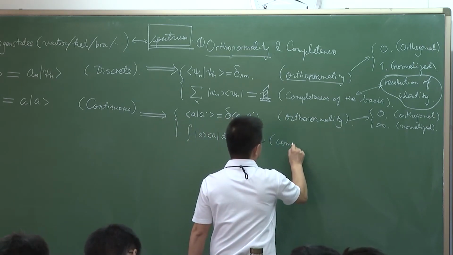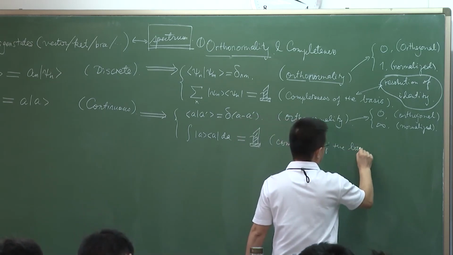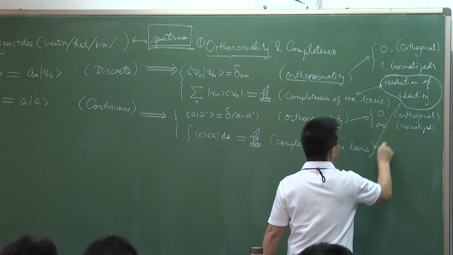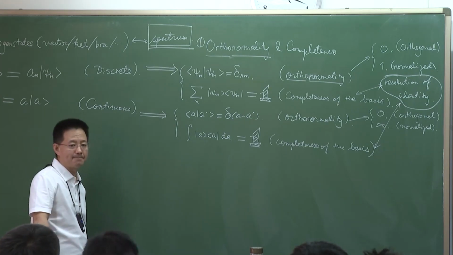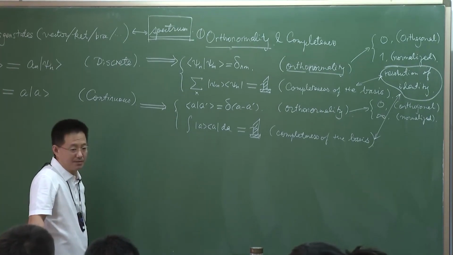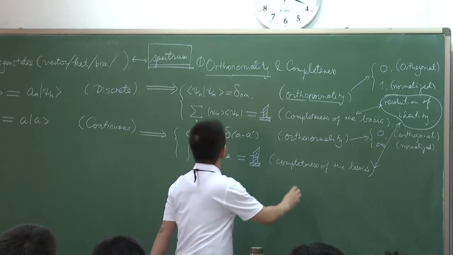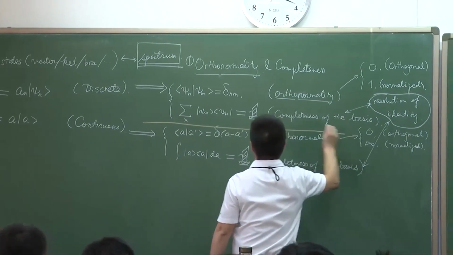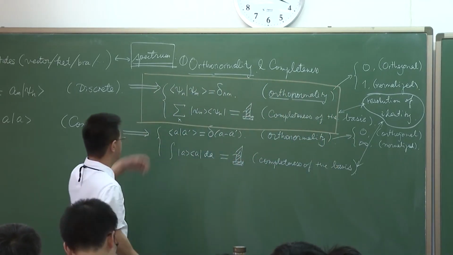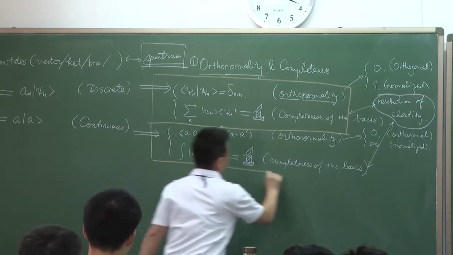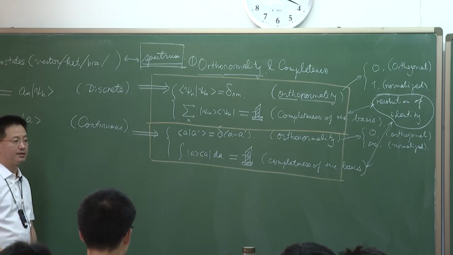So this is the completeness of the basis. And also, it is called the resolution of identity for this continuous case. Okay? So this is for the discrete case, and this is for the continuous case for the eigenvectors.